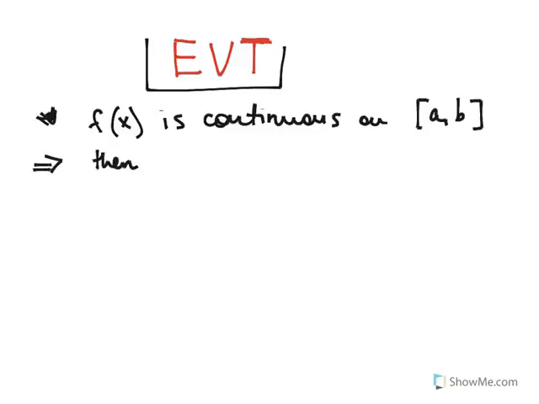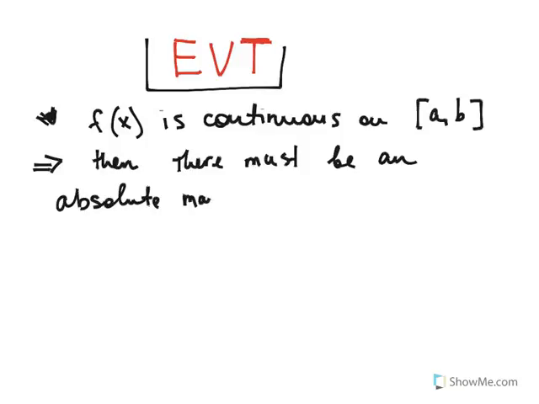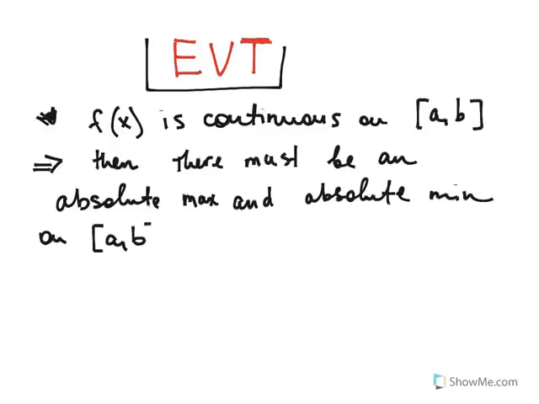Then there must be, and I'm going to explain what the absolute maximum, minimum means, an absolute maximum and absolute minimum on this interval. And by the way, notice I included the A and B.